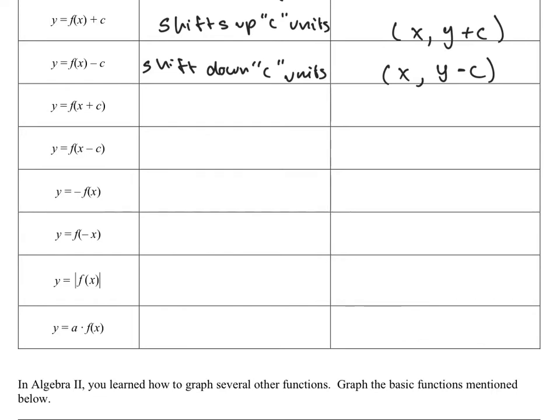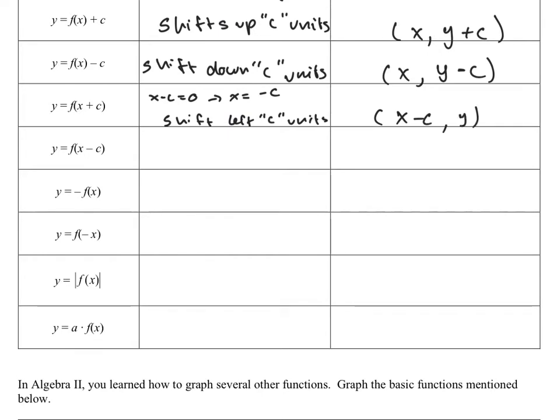Moving on, we have plus c on the inside of our function. So we're going to do x plus c, set it equal to 0. Well, x is equal to negative c. So we're going to shift left c units. So our xy coordinates is x minus c and y. Okay?